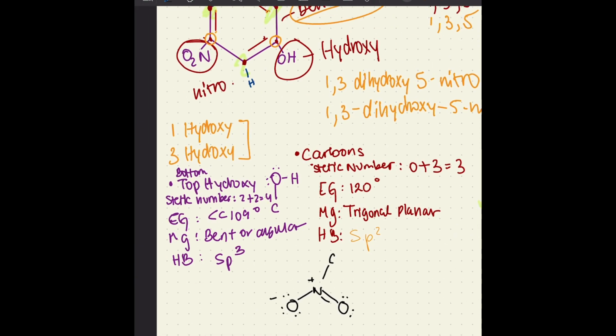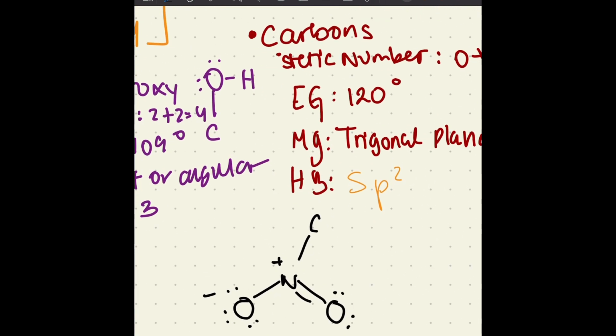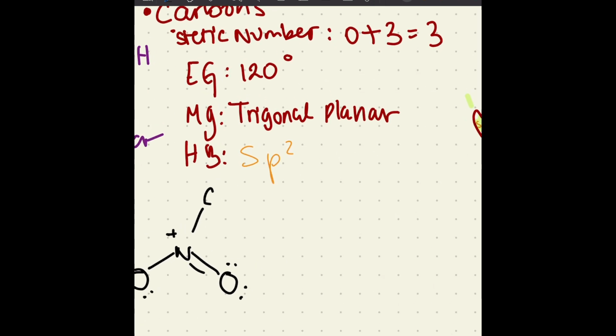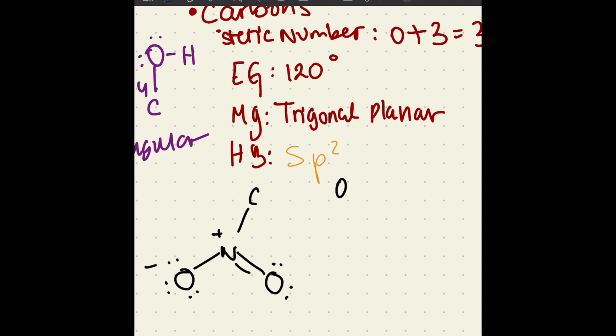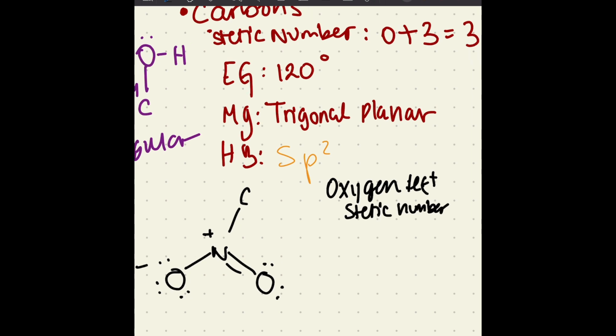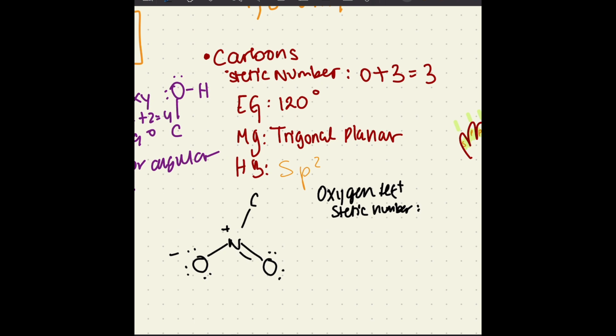I'm going to start with the left oxygen. The steric number is going to be 3 lone pairs plus 1 atom attached. So that's going to be 4.